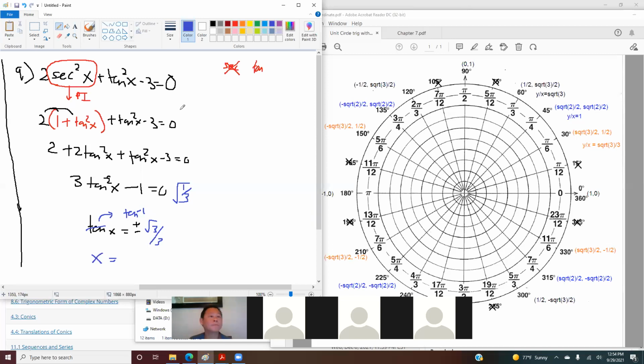It's pi over 6. What else? Quadrant 1. Don't forget, give me 4 quadrants. Second quadrant is what? 5 pi over 6. And then 7 pi over 6, and 11 pi over 6. Yep, so this is your answer in this case.